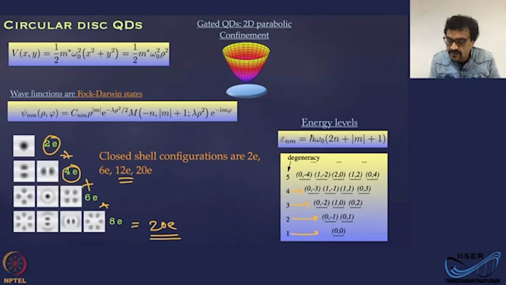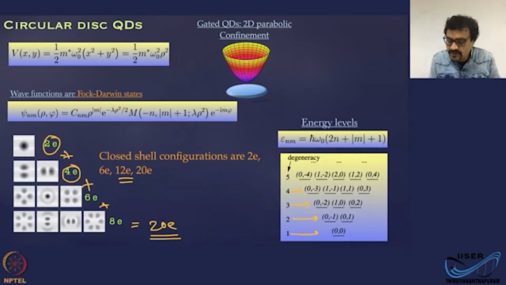So there is a very clear and close analogy between the natural atom and these quantum dots. A natural atom has a shell filling sequence. When you go from the left side to the right side of the periodic table, you add 1 electron. When you reach the eighth one, it is a completely closed shell configuration.